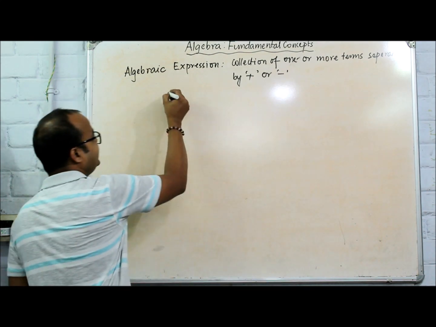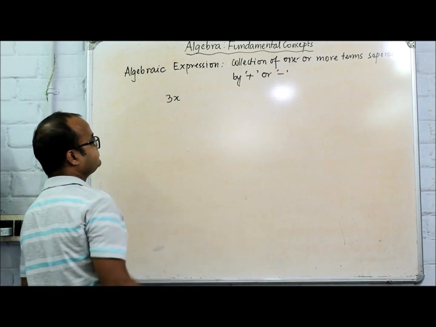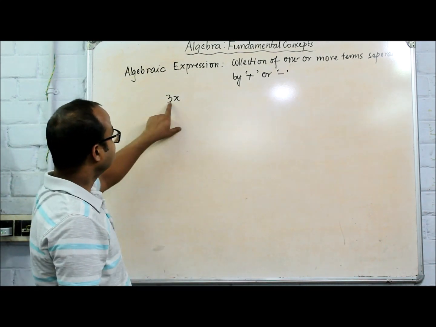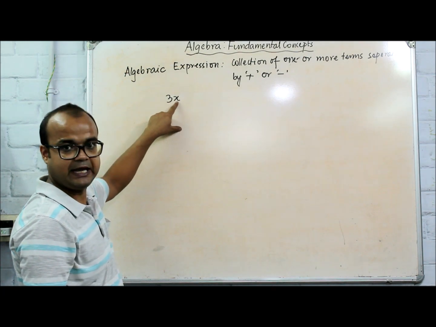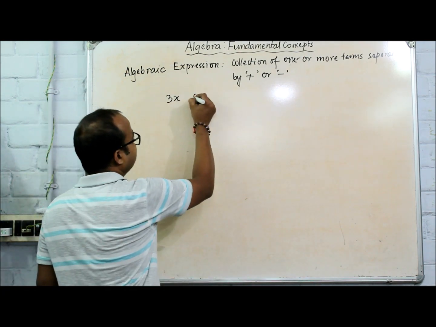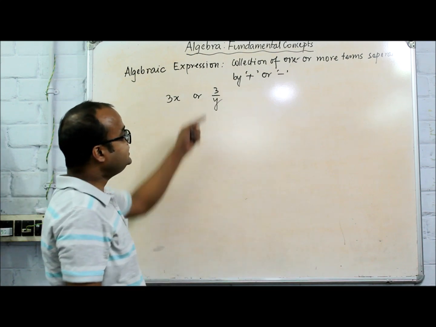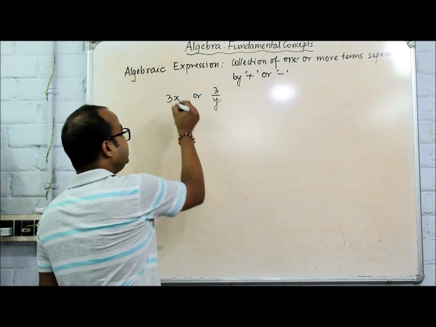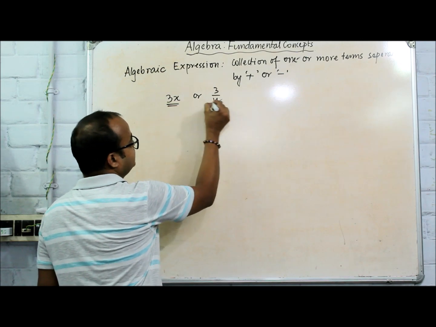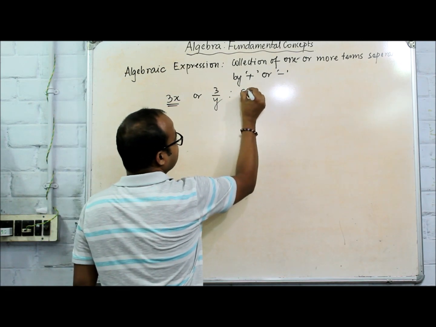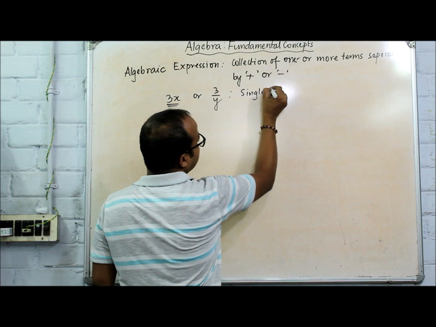For example, if I say 3x, 3 multiplied by x, or if I say 3 by y, it is 3 divided by y, so it is a single term.